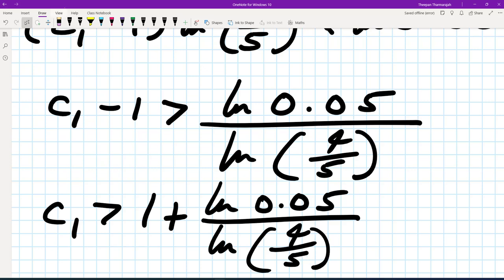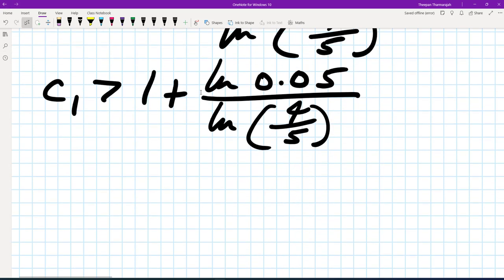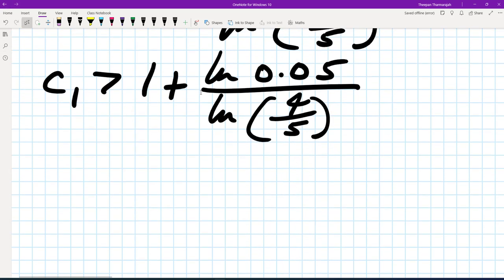Then we can say C1 is greater than 1 plus ln 0.05 over ln 4/5. I'm using the Casio CG50, by the way, so it's a great calculator.